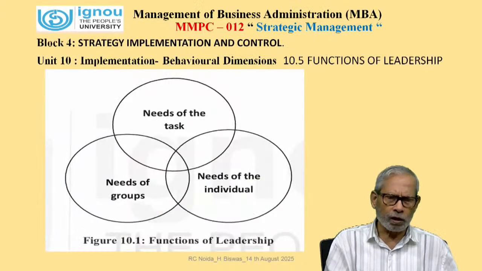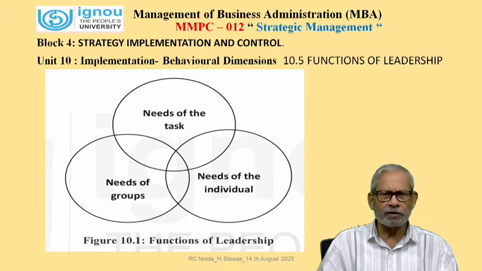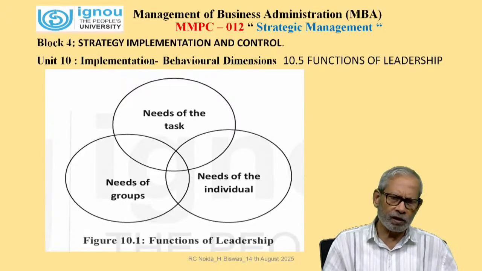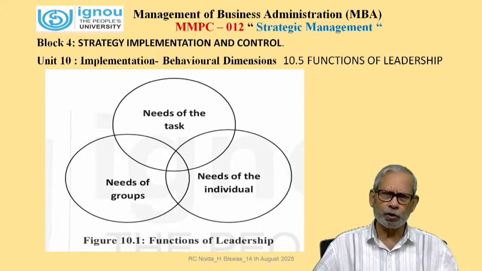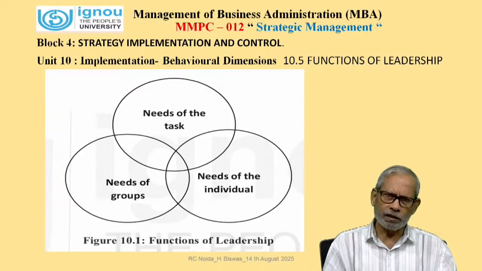Now, here is a functional leadership diagram. It shows the needs of the task, because what the needs are is important. Then the needs of the groups are important, and the needs of the individuals are also important. These are all interconnected.